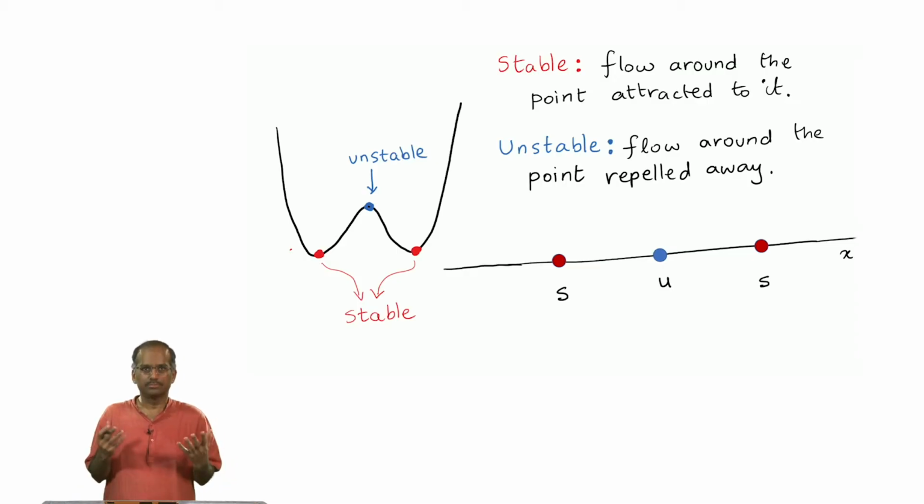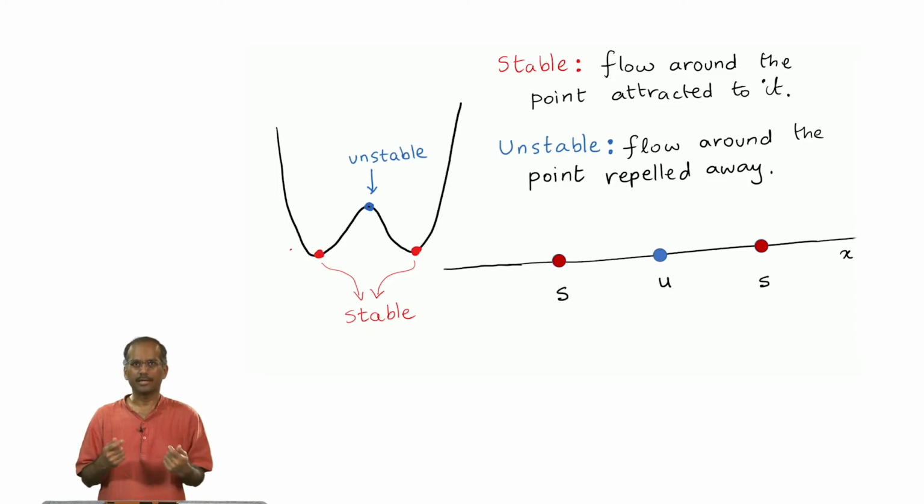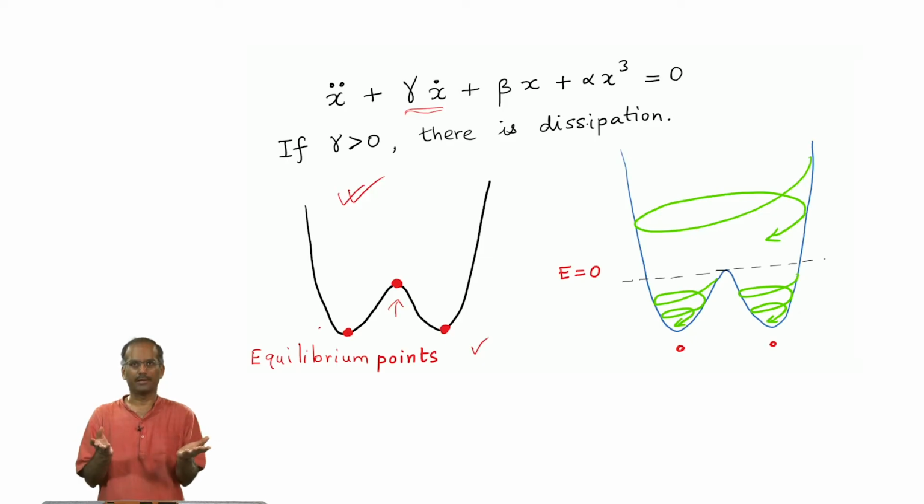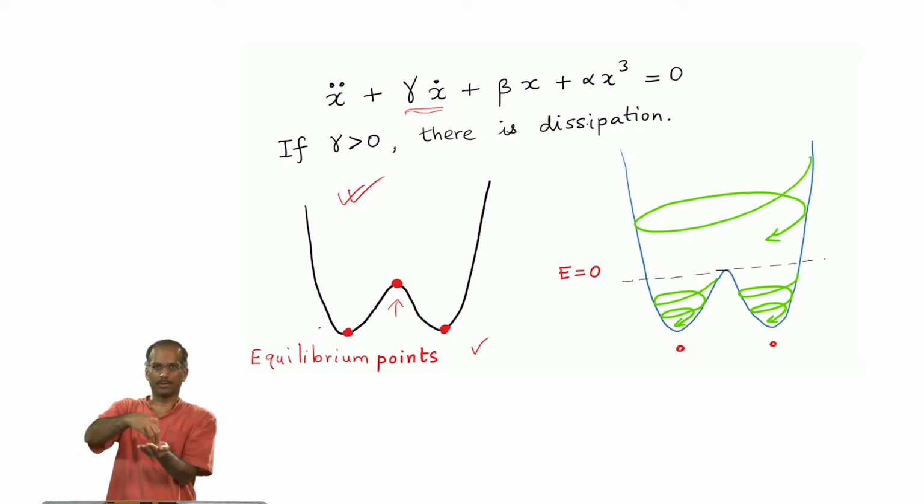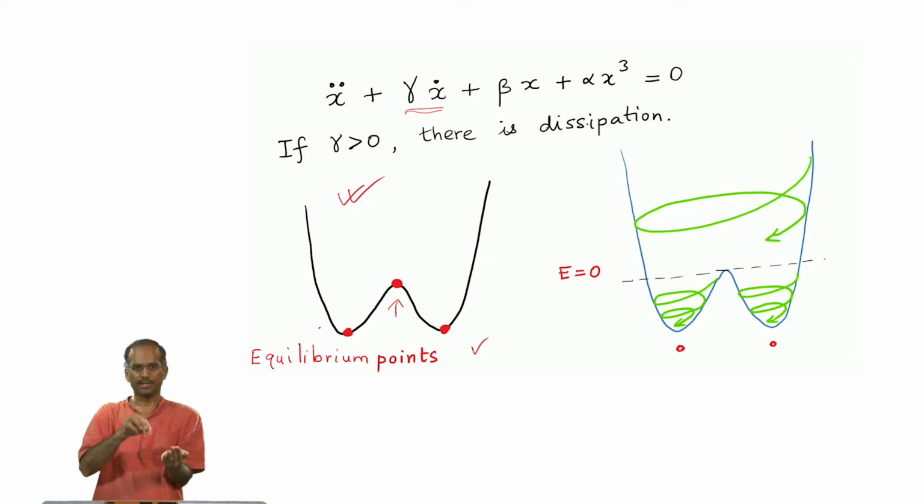I am not going to derive for you how to find that it is stable or unstable, but let me tell you that when something is stable, the trajectories that are nearby to it are attracted to it. That is what happens when you are at the bottom of a hill. Let us say that you have a marble at the bottom of a hill, give it a little bit of push, it will go around somewhere, but finally after some time it will come and settle down there.